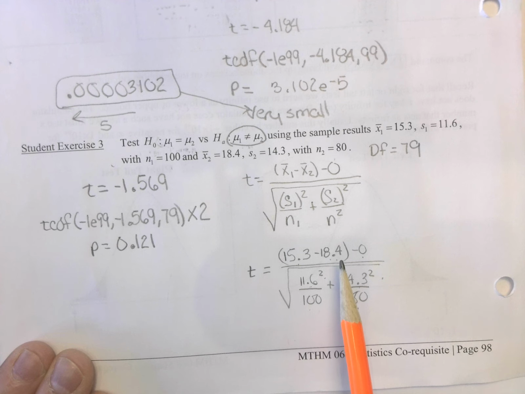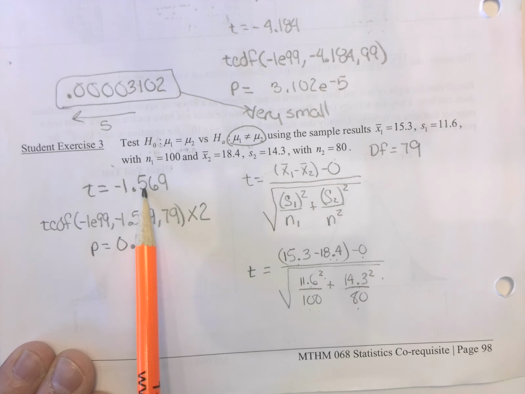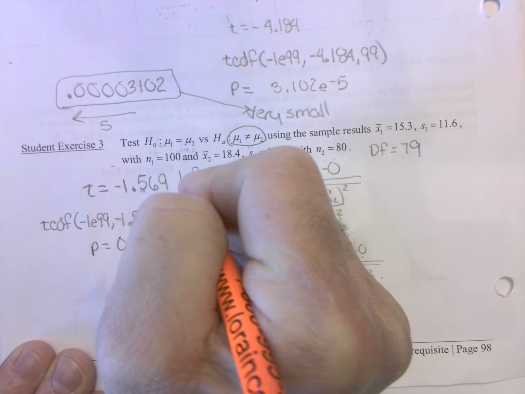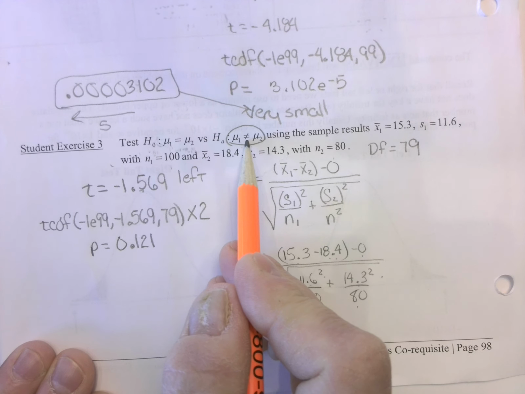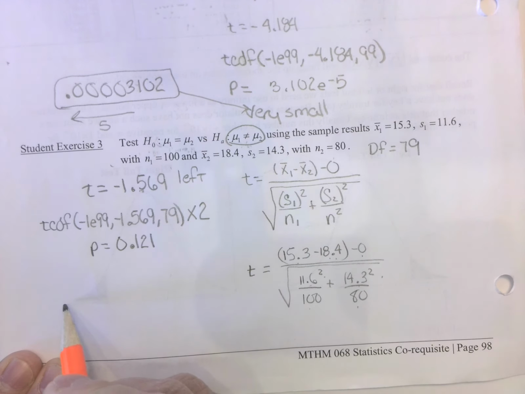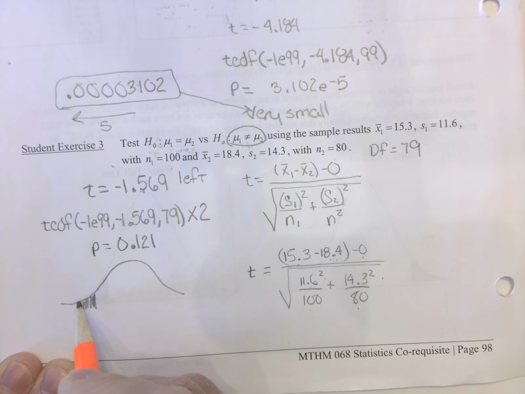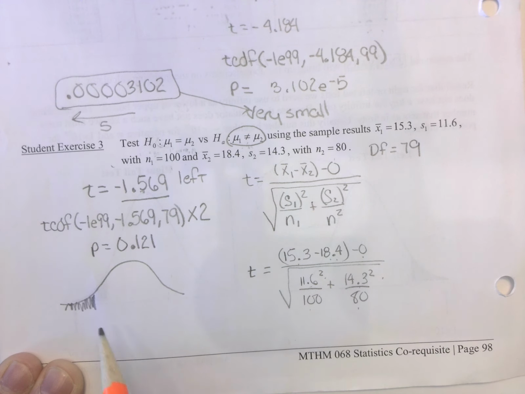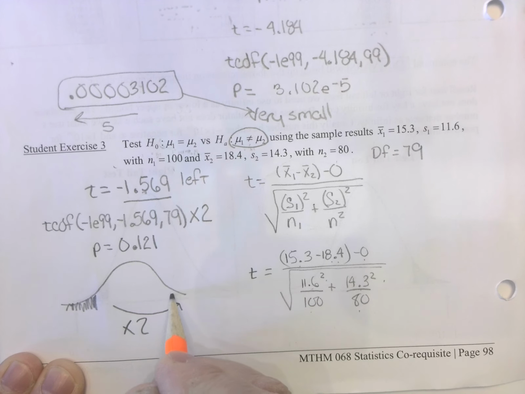Practice doing this. When I calculate that t number, negative 1.569, I'm on the left side, and I have to realize that this is the left side number. I know it's left because it's negative. But remember, this is a two-tail test. So in essence, we're going to calculate the area to the left because of this number right here, and then we're going to multiply it by 2, because remember, a two-tail says that there's also area over here.